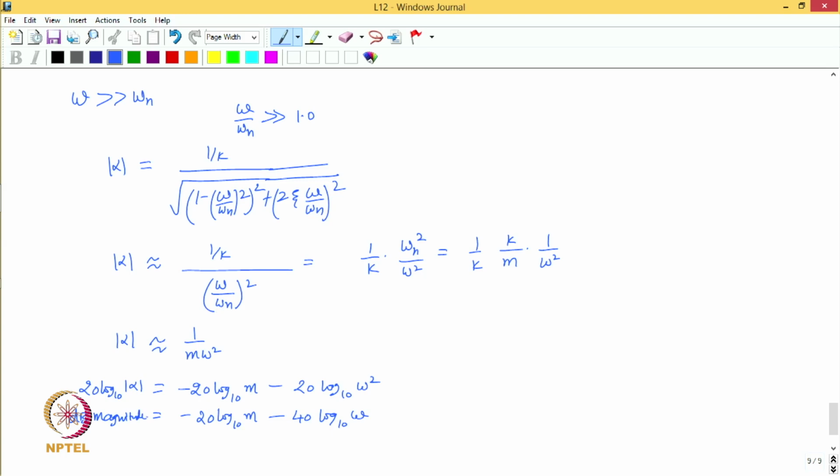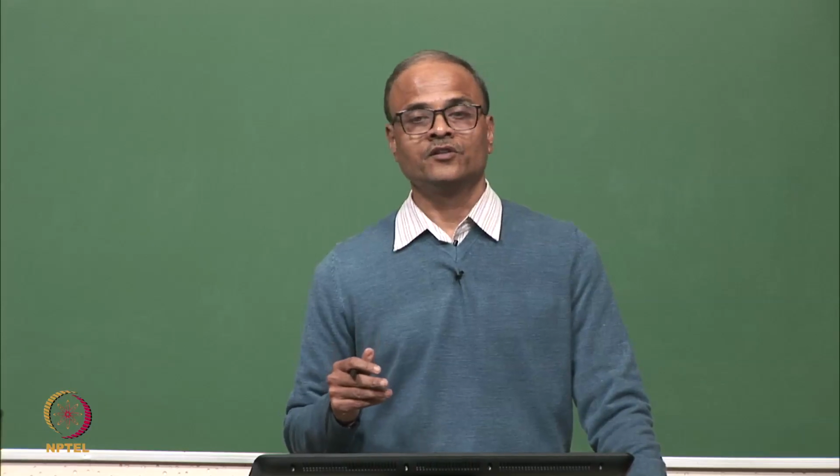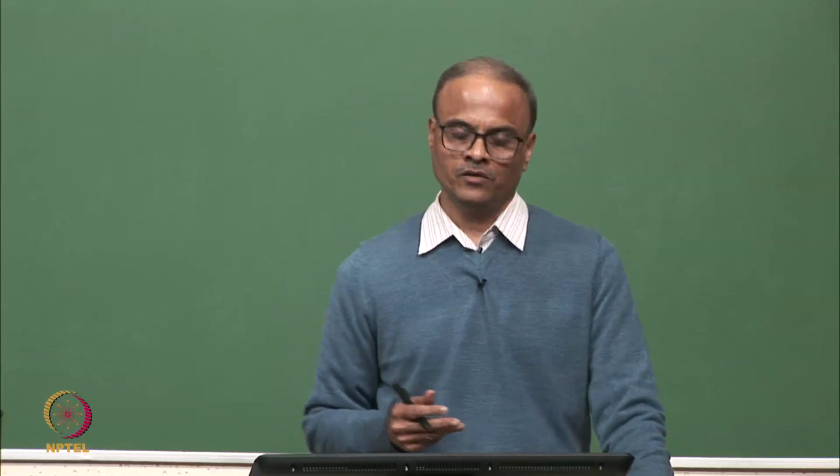So, what is the conclusion here? From this equation we see that it is essentially the equation of a straight line if the frequency axis is logarithmic. On the right hand side we have the log 10 omega term appearing.